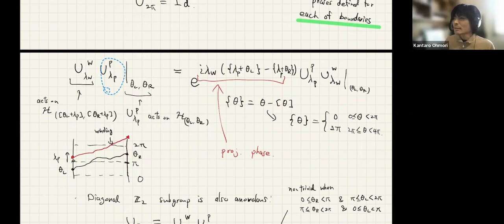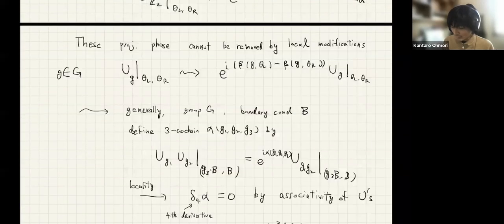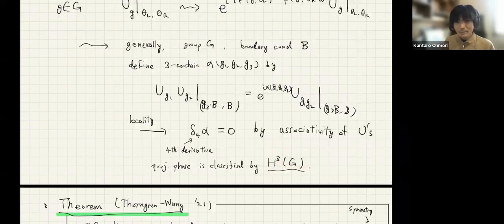So in this context, when I say topological, it basically depends on the discreteness of this cohomology that I didn't explain, but this is discrete, and so it's topological in the sense that it's not deformable with some continuous deformation, both of the boundary and bulk, as long as the symmetry is preserved.